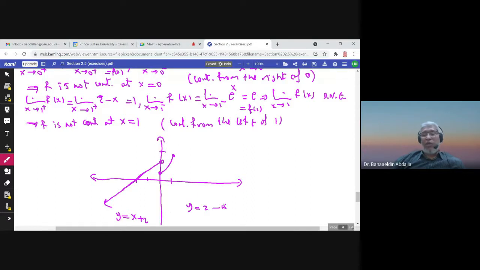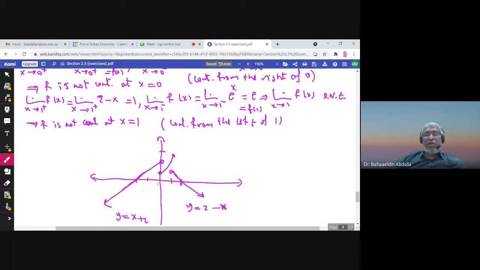If x is 1, 2 minus 1 is 1, so it's here, and it should be open. If x is 2, 2 minus 2 is 0. So it would be the graph of this line. So this is the graph of the function.